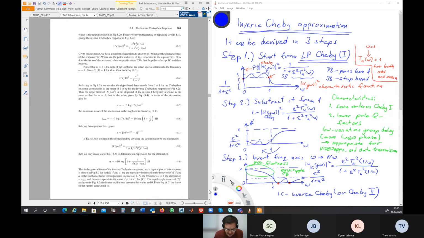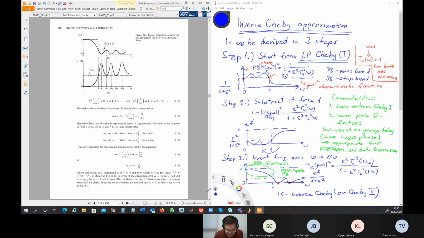Then here is another equation which is useful for calculation of the inverse Chebyshev in decibels. Here is a plot of inverse Chebyshev in decibels. This here is loss.